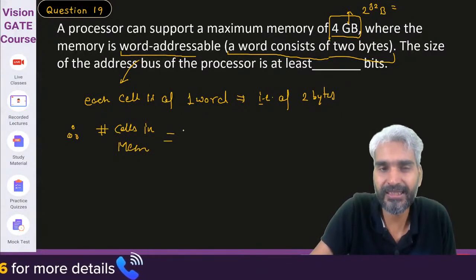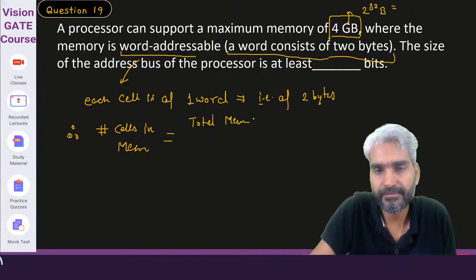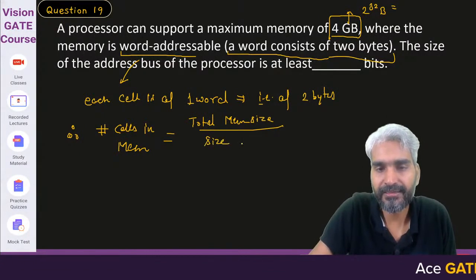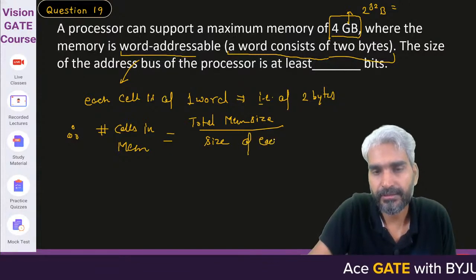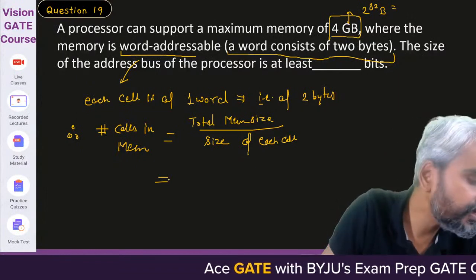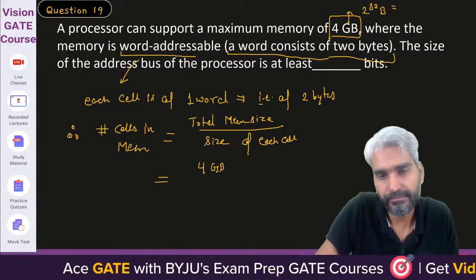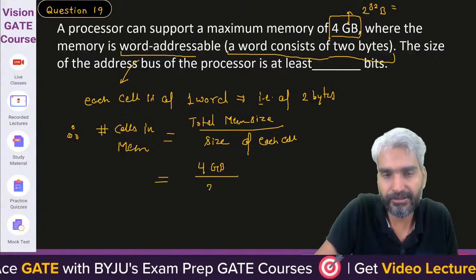Number of cells in the memory will be total memory size divided by size of each cell. Simple concept. Total memory size divided by size of each cell will give you the number of cells. Clear? So total memory size is 4 GB and the size of each cell is given as 2 bytes.